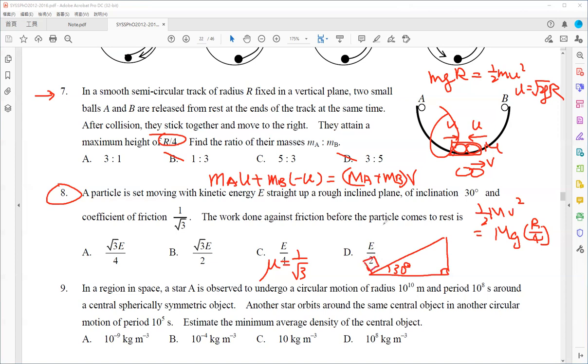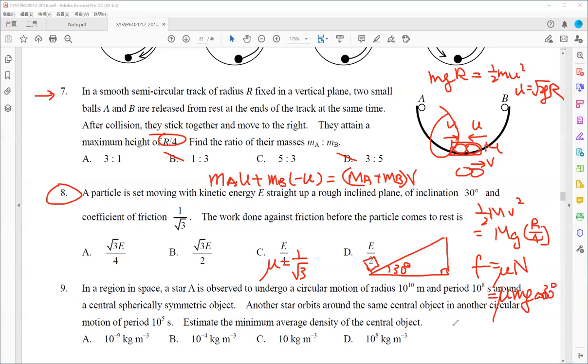Now, the friction has the formula mu times N. Now remember, in this case, the normal reaction is not mg because it is not vertical. Here the value is mg cosine 30 degrees.